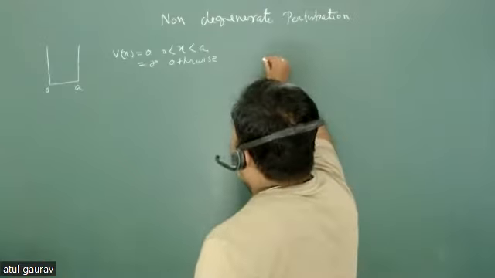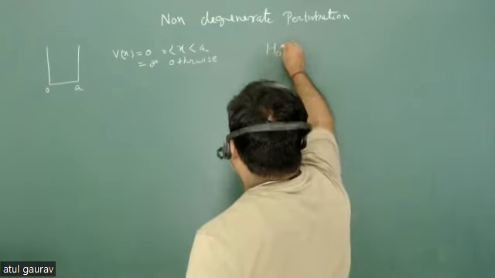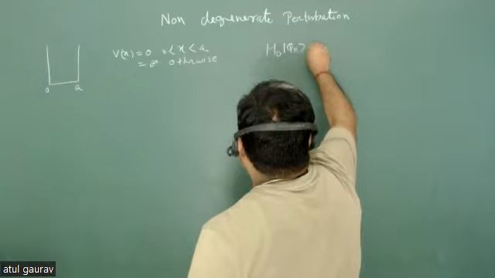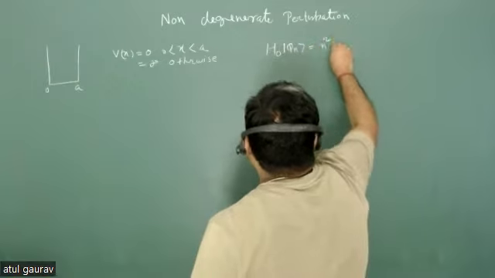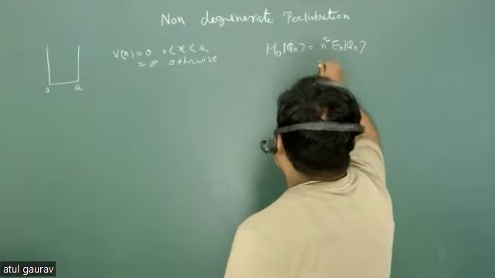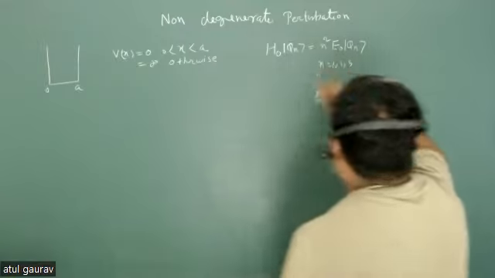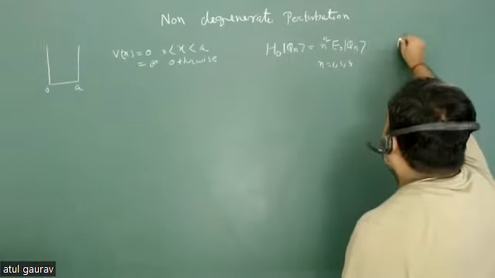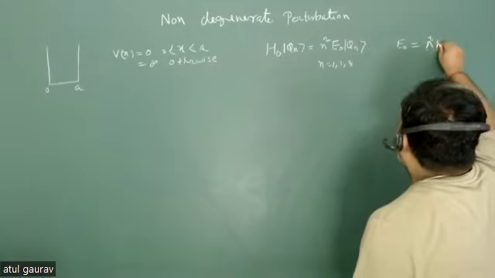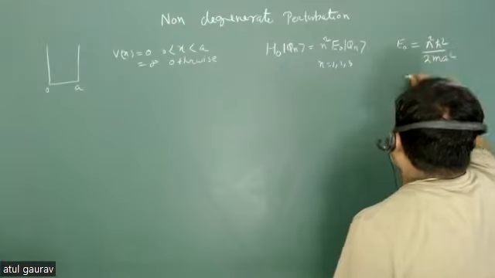The energy eigenvalue and eigenfunction: we know the original or unperturbed Hamiltonian, H phi n is equal to n square E naught phi n, where n can be 1, 2, 3 and so on, and E naught is pi square h cut square upon 2m a square.